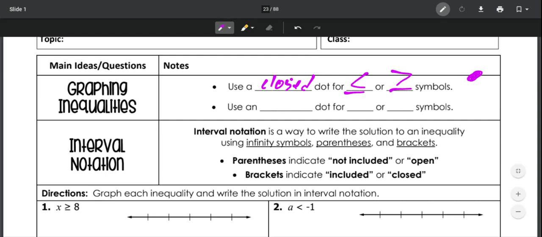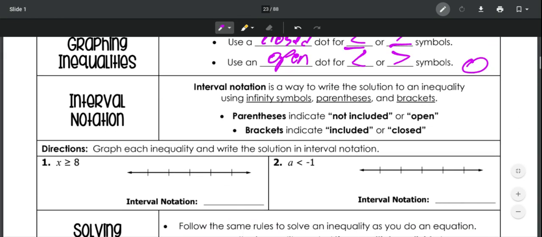That's a closed dot, which we use for anything that's greater than or equal to or less than or equal to. We're going to use an open dot for less than or greater than. So if there's no line under it, you use an open dot just like that. So those are the 2 big points for graphing inequalities.